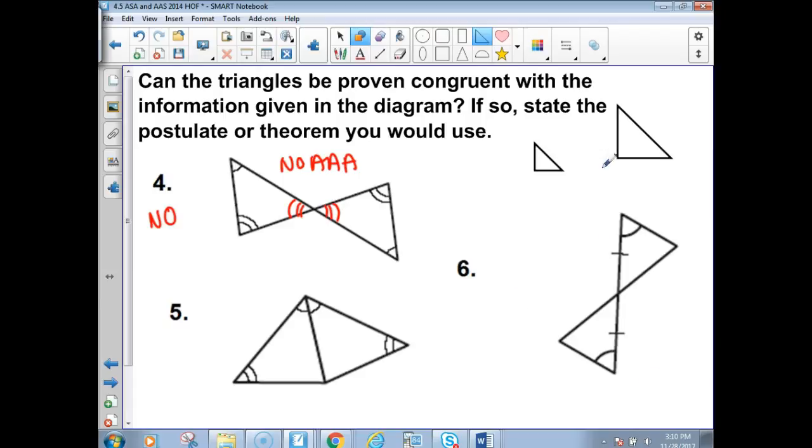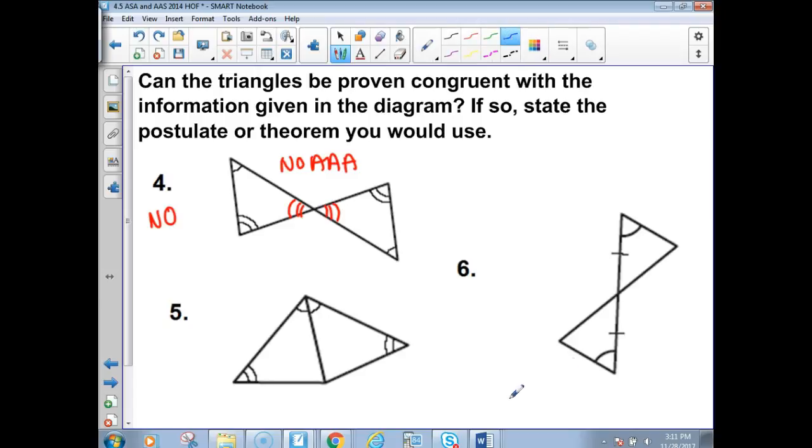But the sides are not the same size. Just like if you have an equilateral triangle, I can make another equilateral triangle that's a lot bigger. It still has the same size angles, but the sides are not the same size. So they're similar, not congruent. That's why there's no angle, angle, angle.